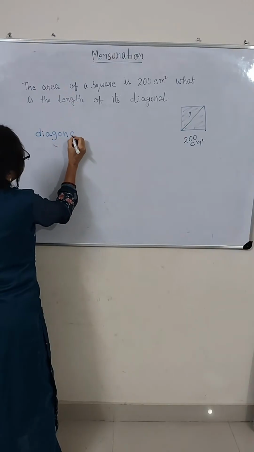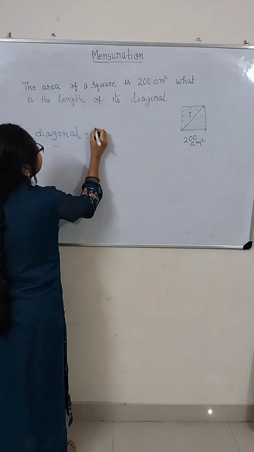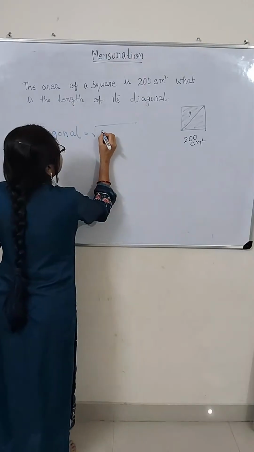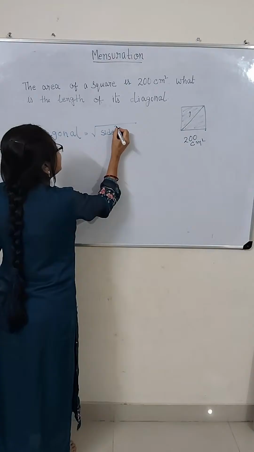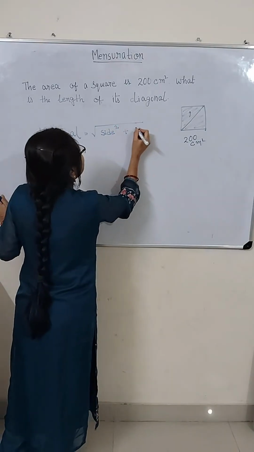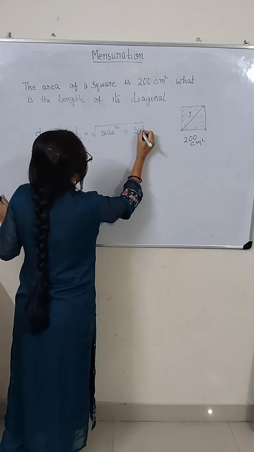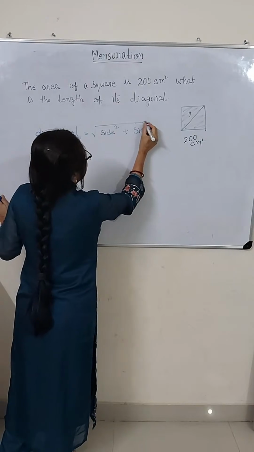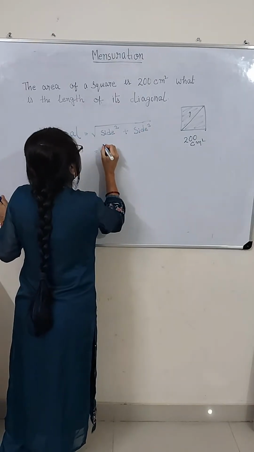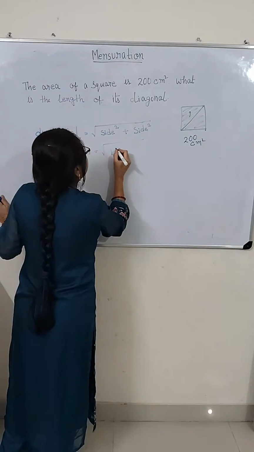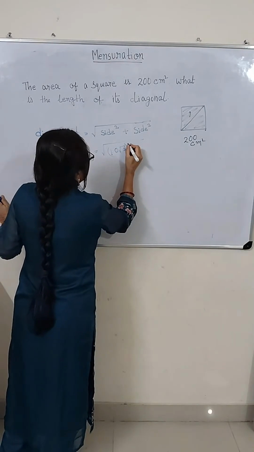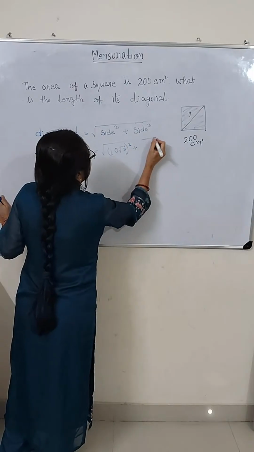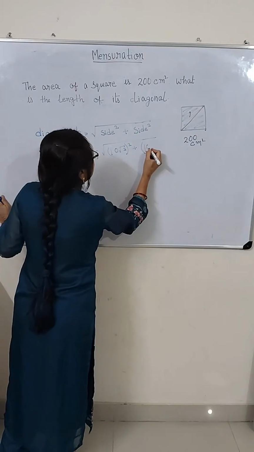Diagonal is root of side square plus side square. What's the value of side? 10 root 2.